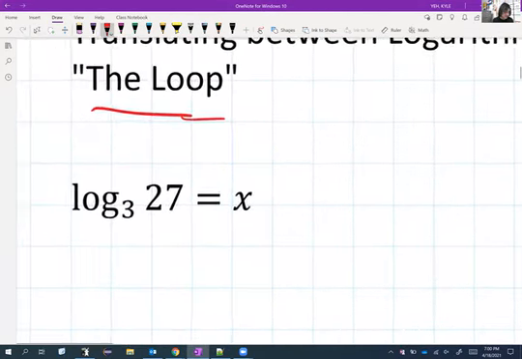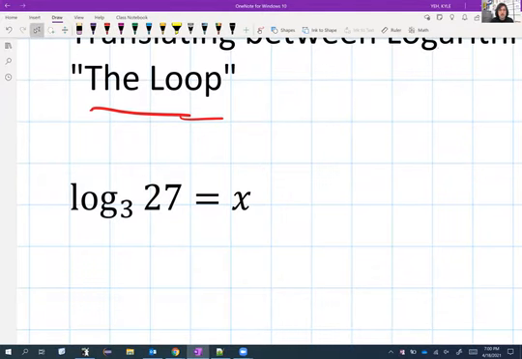So first one right here. Log base 3 of 27 equals x. If I were asked to write that in exponential form, we know what exponential form looks like. It's something to the somethingth power equals something else. There are 3 things we need. So here's what we're going to do.